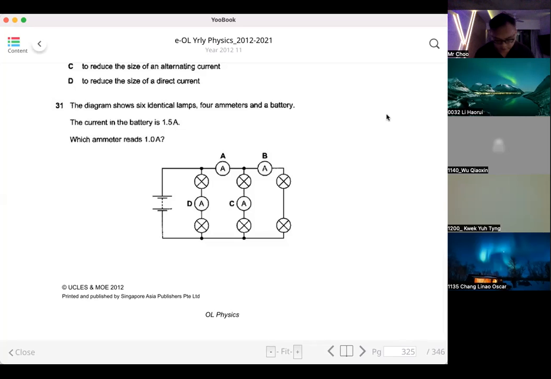Okay, seems like many of you are not getting this correct. If I were to redraw this, you see whether it helps.